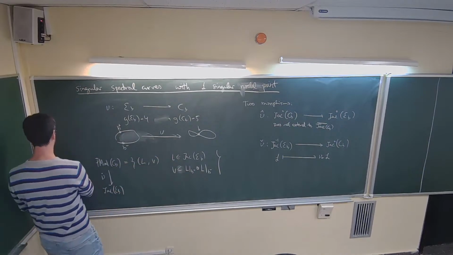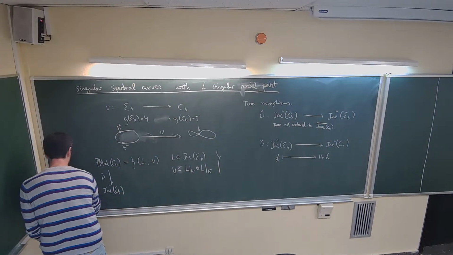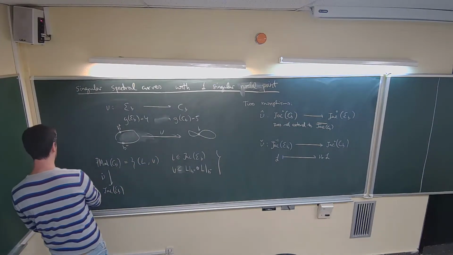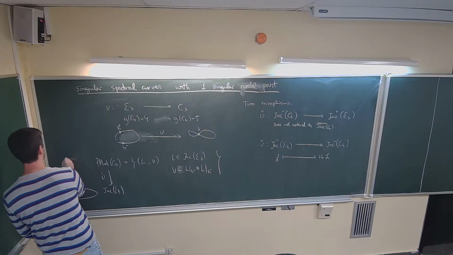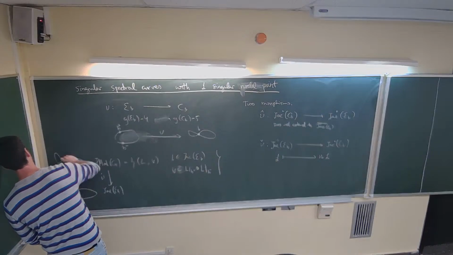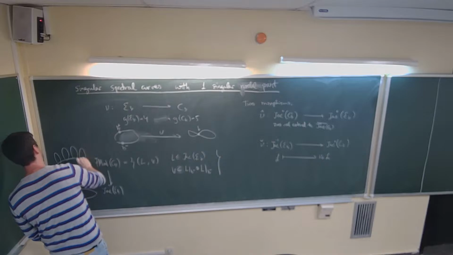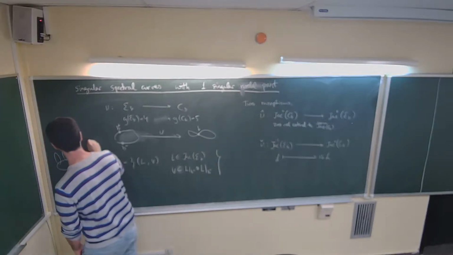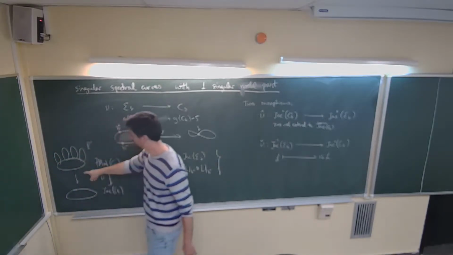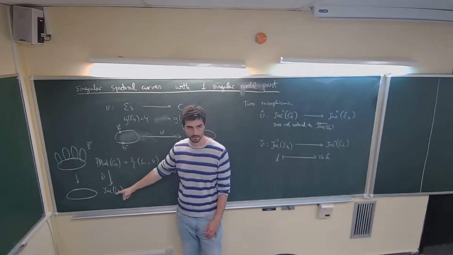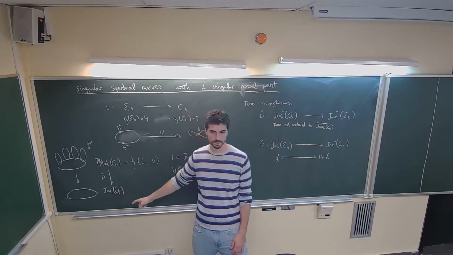So this P mod is a P1 fibration. The fibers are P1s. It's a P1 fibration over the Jacobian of the normalization.